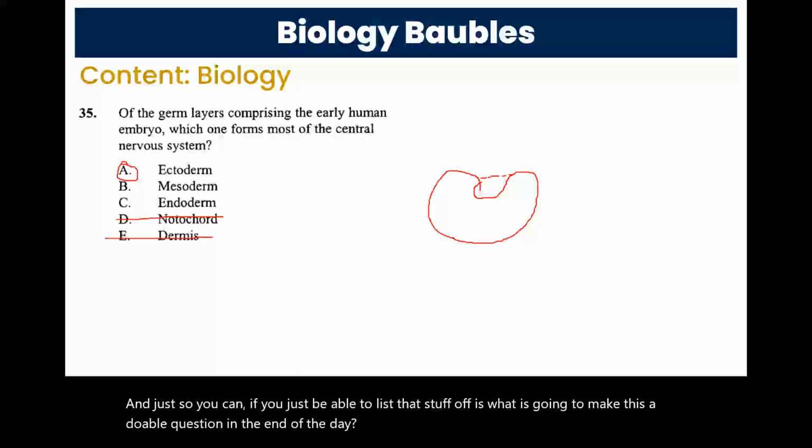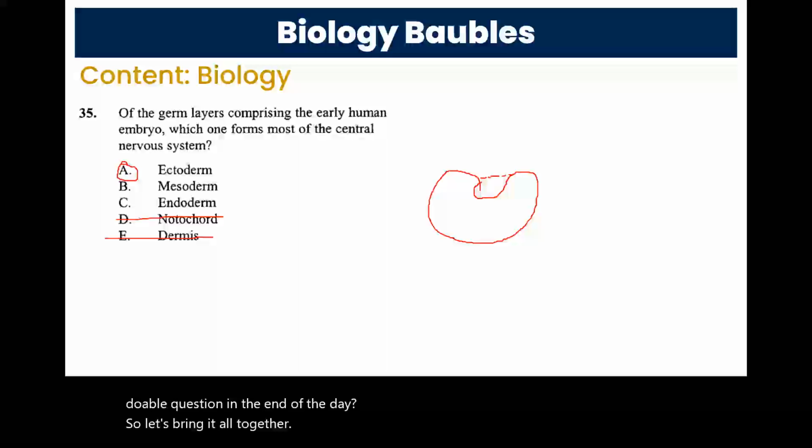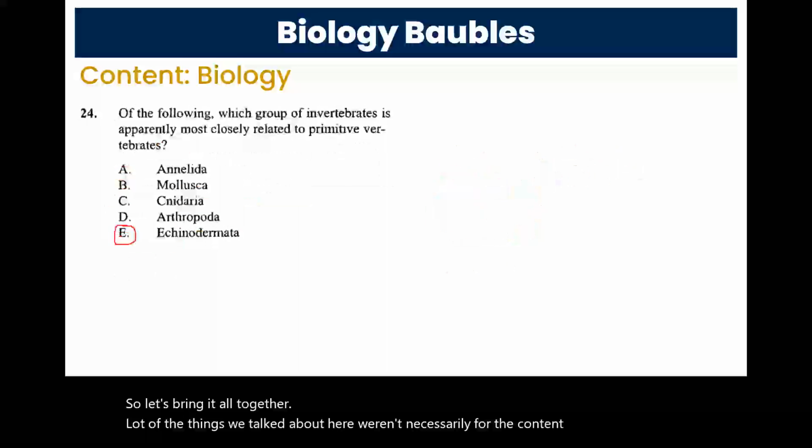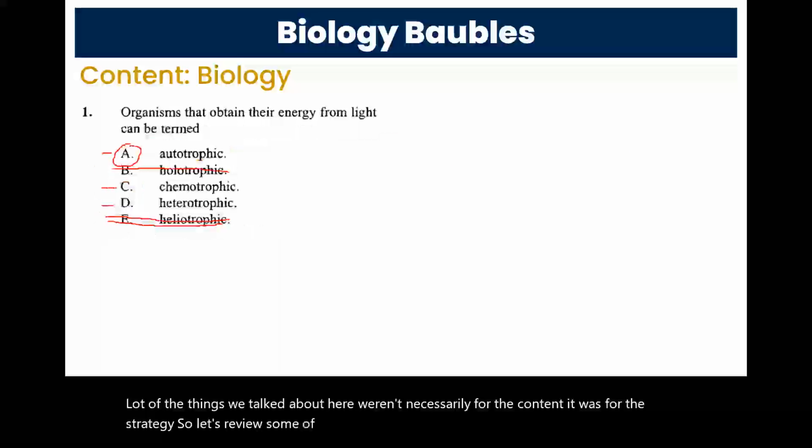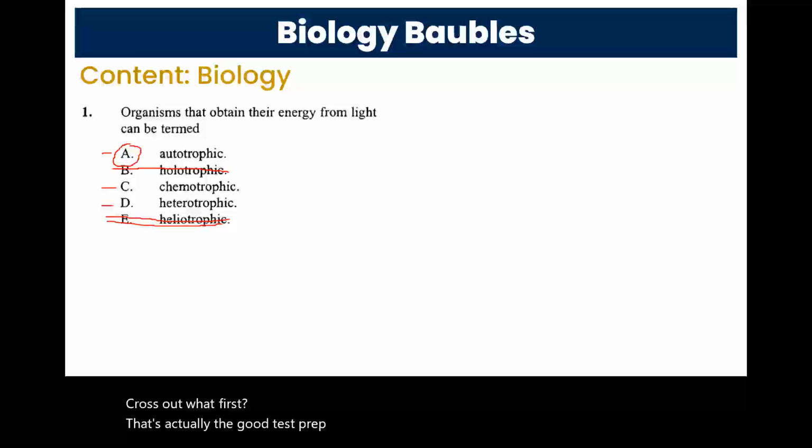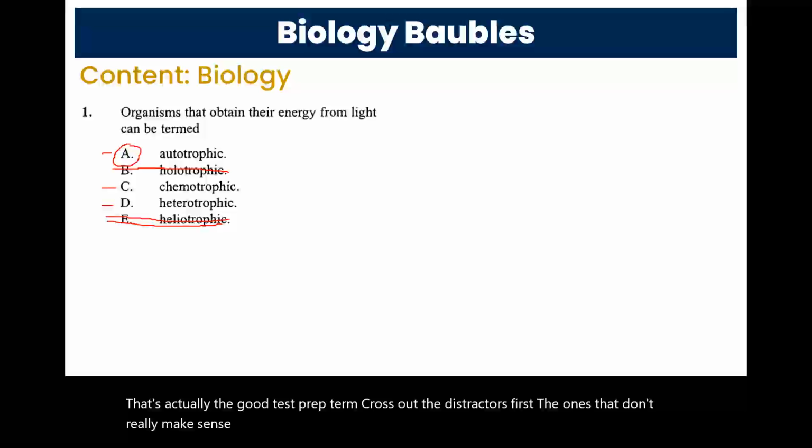So let's bring it all together. A lot of the things we talked about here weren't necessarily for the content, it was for the strategy. So let's review some of those strategies to make sure we remember them. Cross out what first? That's actually the good test prep term: cross out the distractors first, the ones that don't really make sense for the content of the question.